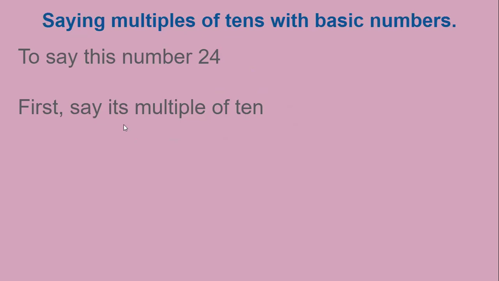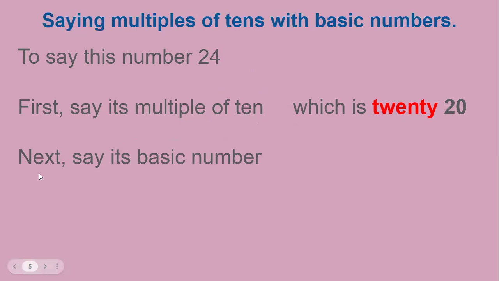So first, say its multiple of 10, which is 20. Then, next, you say its basic number, which is 4.